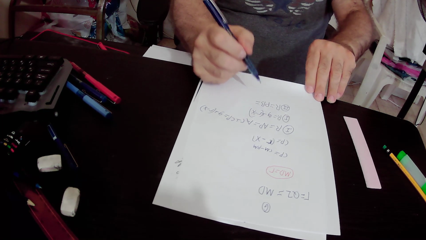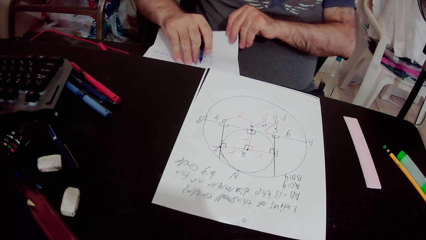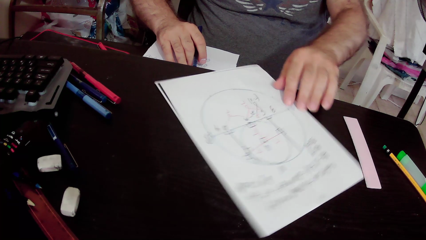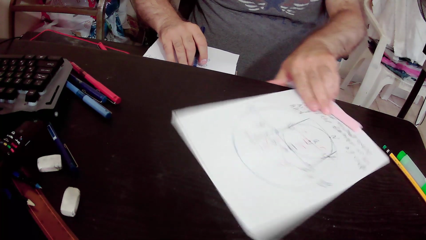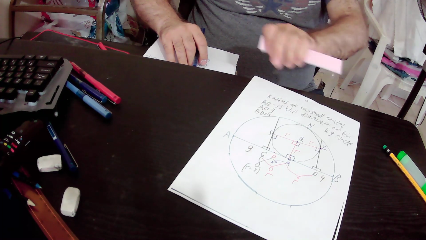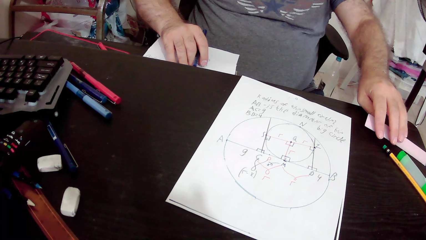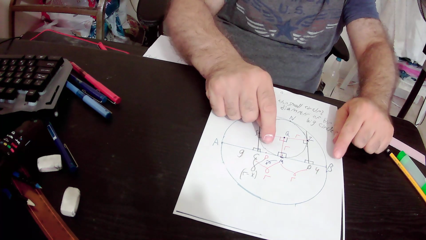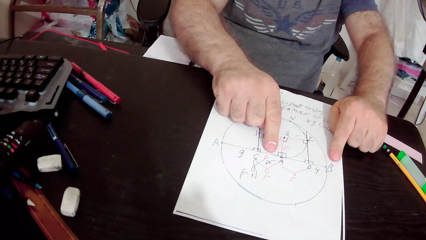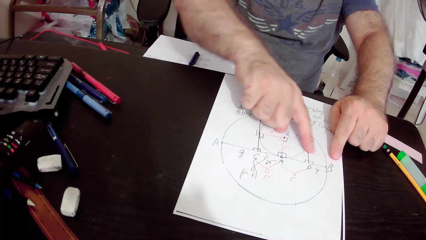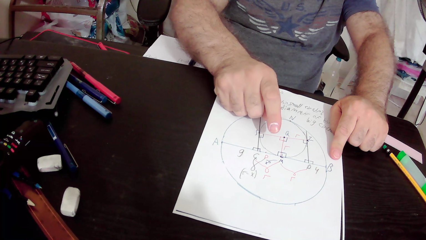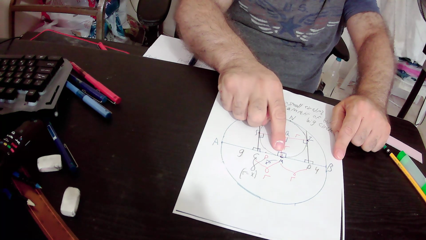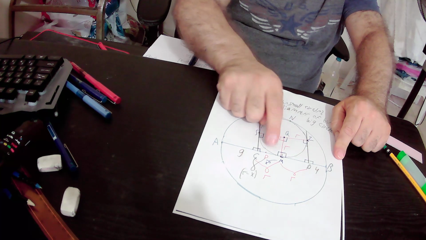But what is the value of PB? PB equals BD plus MD plus PM, or PB equals PM plus MD plus BD.